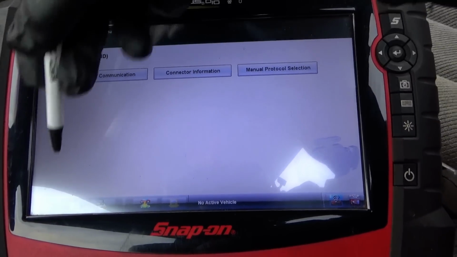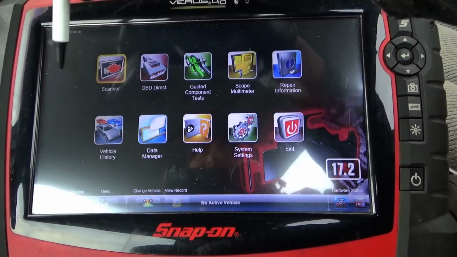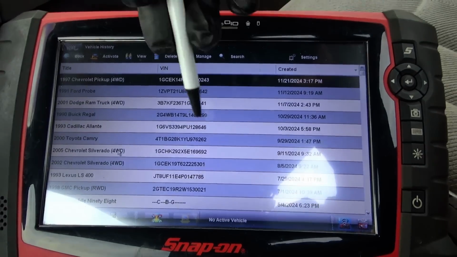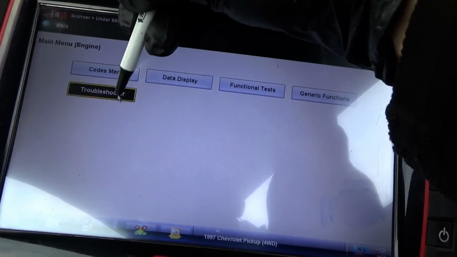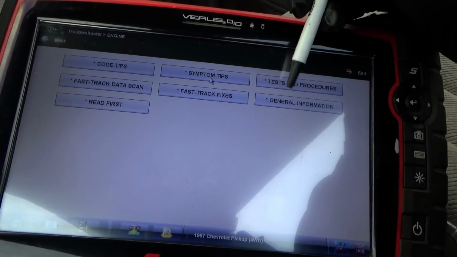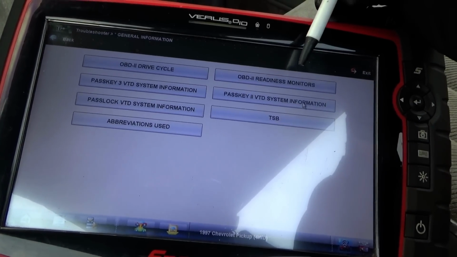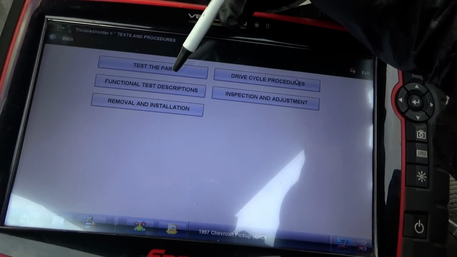I just want to look up the spec real quick. If we go to vehicle history, log back in the Chevy, go to the troubleshooter, look up the fuel pressure spec. In the engine menu, troubleshooter, engine, general information, let's see where that would be, tests and procedures. Nope. Test the part.